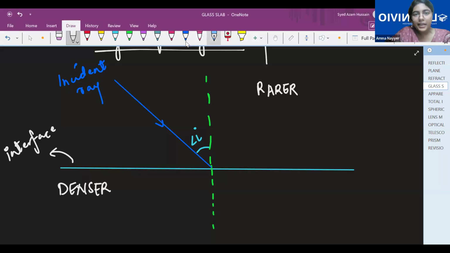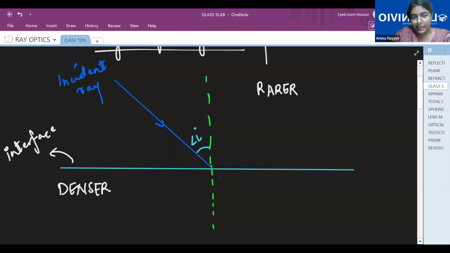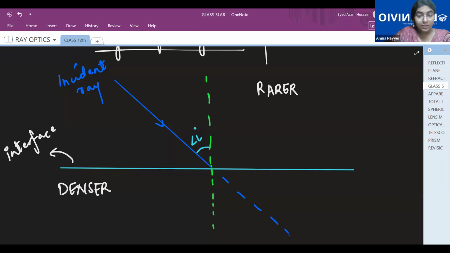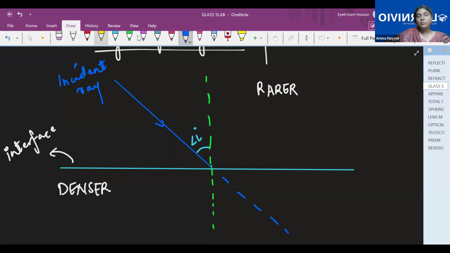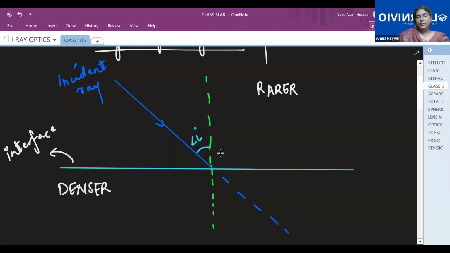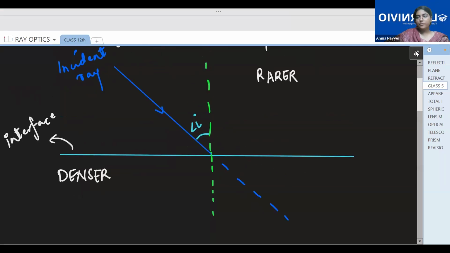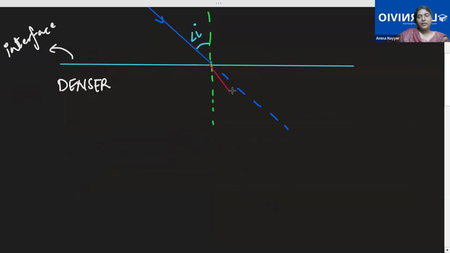Now, if this medium change wasn't there, the light ray was supposed to move in this direction. That path was supposed to be there. But when the light ray travels from the rarer to the denser medium, the light ray tends to bend towards the normal. Now this means, look here. This is away from the normal, right?